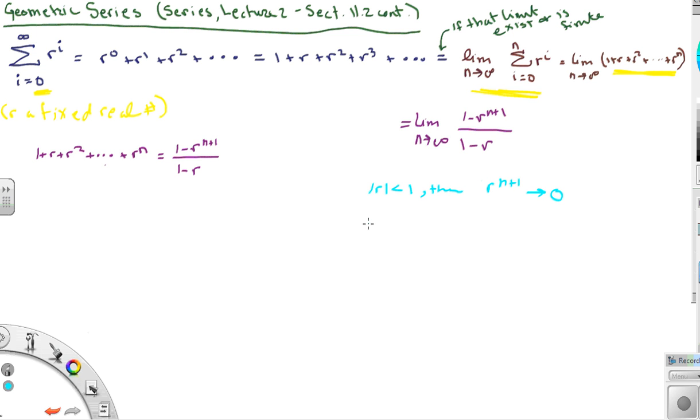Well, we can't have r equal to 1. Let's just put this little caveat, r not equal to 1 here. We'll look at 1 separately. If r is equal to negative 1, that's going to bounce back and forth, so that limit's not going to exist. We'll look at that separately too. But what's happening if the absolute value of r is bigger than 1? Well, then this does not converge. This either goes to infinity or bounces back and forth between positive and negative without converging.